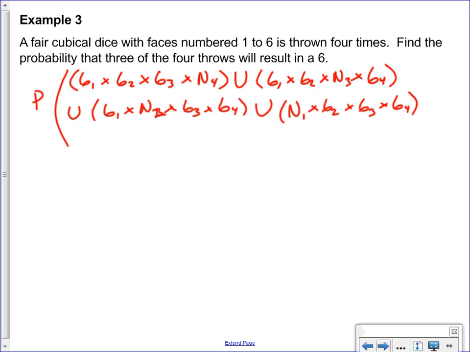Okay. So yeah, let's do this. Here we go. So to find all those probabilities, find each one, and then you're just adding them all up together.